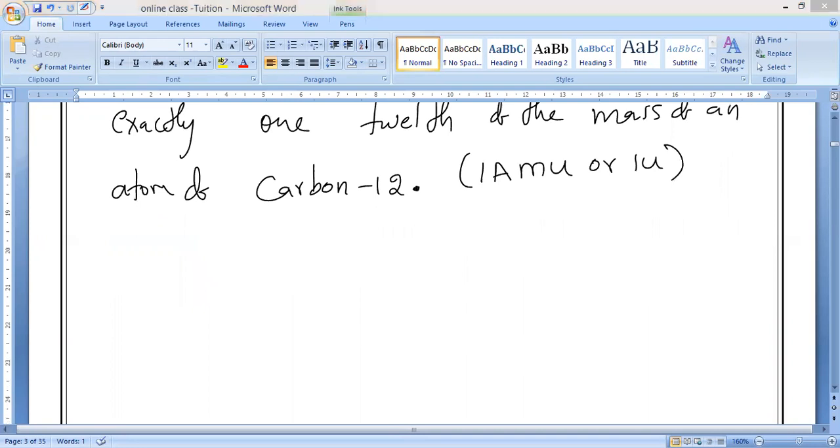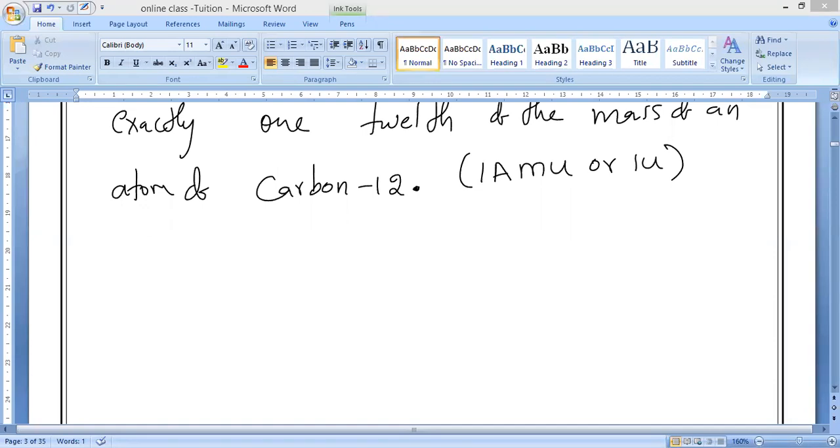So now, with the help of this only, while comparing with this carbon 12 atom, we are going to find the mass of other atoms of other elements. The atomic mass of an element is the relative mass of its atom as compared with the mass of a carbon 12 atom.